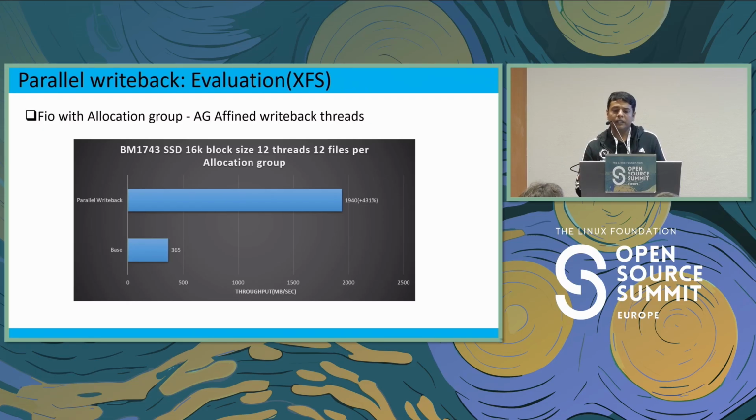So we see that if you increase it from 1, 2, 3, and then 4, we see a very good increase in the IOPS. After the number of write-back threads goes beyond the number of allocation groups, we see it tapers down. So that is the scheme we can recommend for XFS: keep it equal to the number of allocation groups. That way it can help.